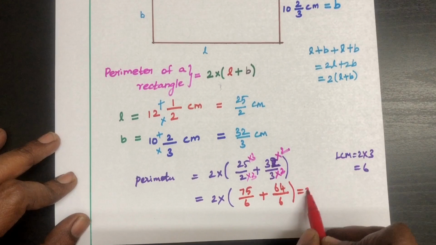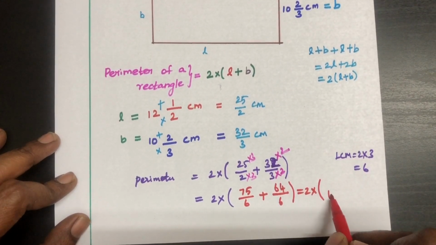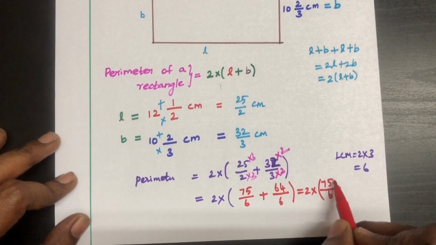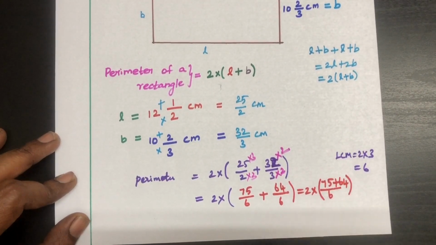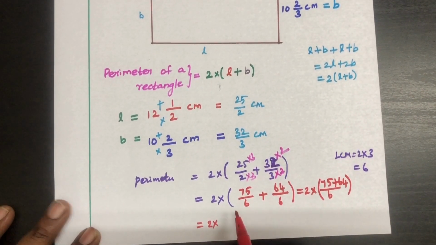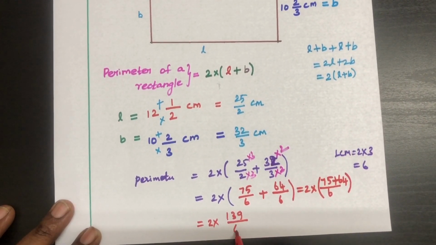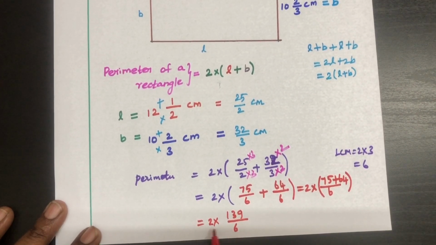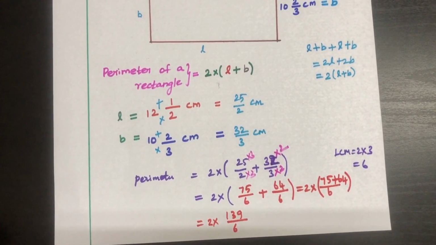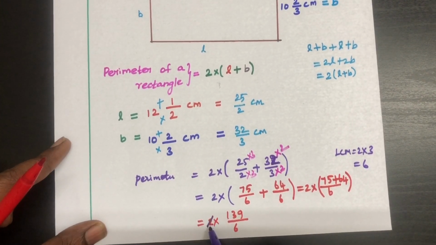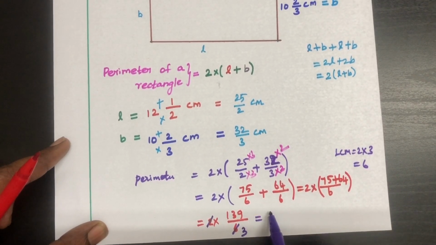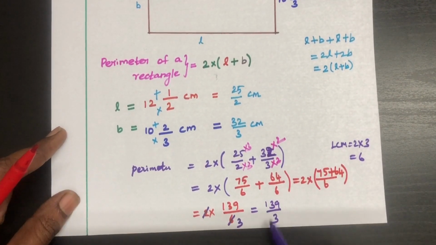Now we can easily add. 6 is the common denominator. 75 plus 64, 2 into, if you add, what will we get? 139 divided by 6. See, 2 and 6, the common factor is 2. So we can easily cancel: 2 into 1 is 2, 2 into 3 is 6. This is equal to 139 divided by 3. See, this is an improper fraction.